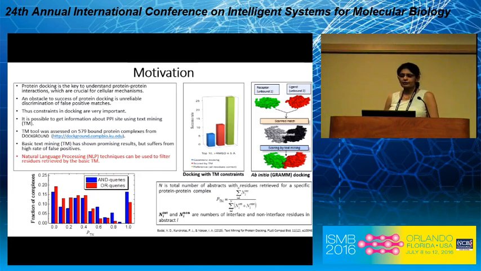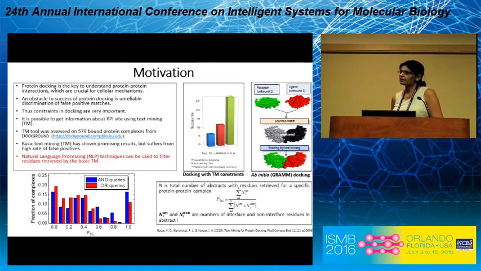Therefore, constraints are important. It is possible to get information about protein-protein interaction sites using text mining. We have developed a text mining tool on bound protein-protein complexes and validated it on unbound protein complexes taken from Dockground. Basic text mining has shown very promising results, but it suffers from a high rate of false positives.